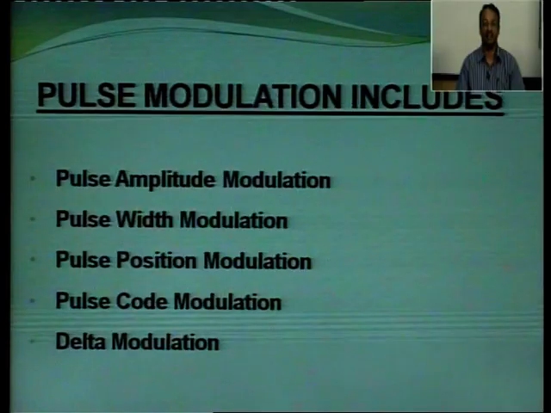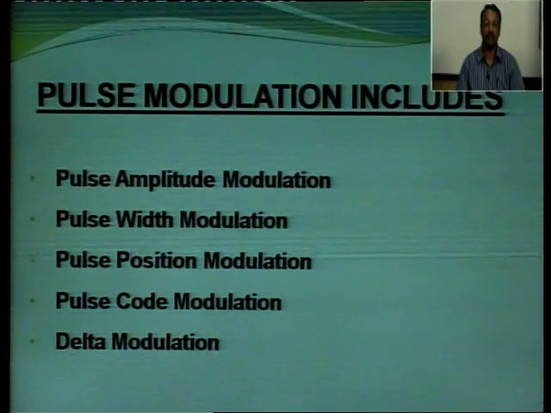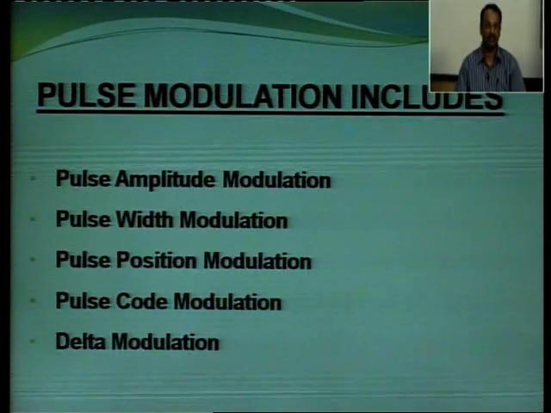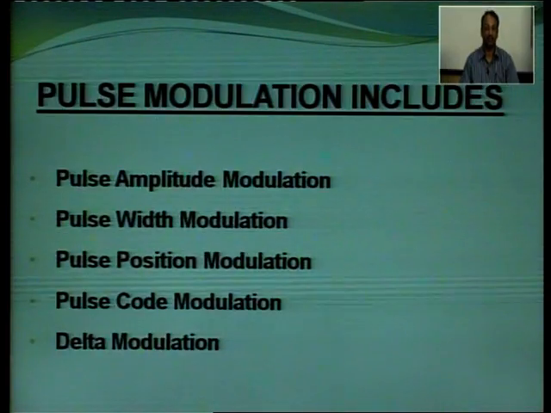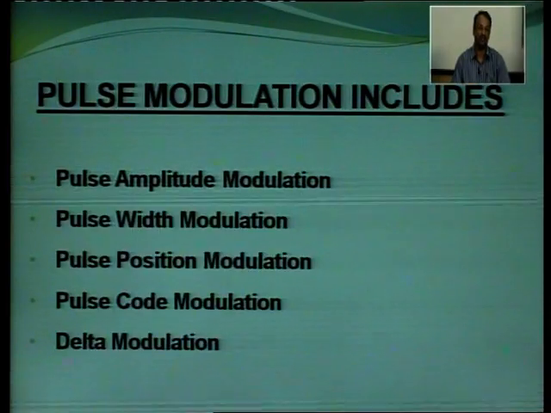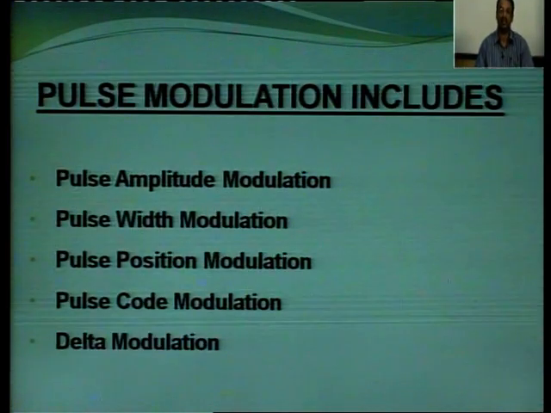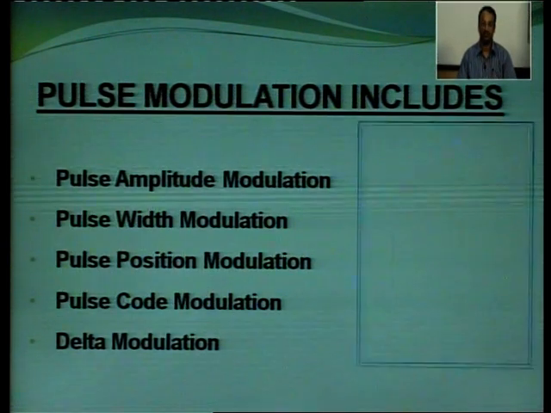These techniques are pulse modulation techniques, that is PAM, pulse amplitude modulation, PWM, pulse width modulation, PPM, pulse position modulation, PCM, pulse code modulation and DM, that is delta modulation. All these are the techniques of digital pulse modulation.